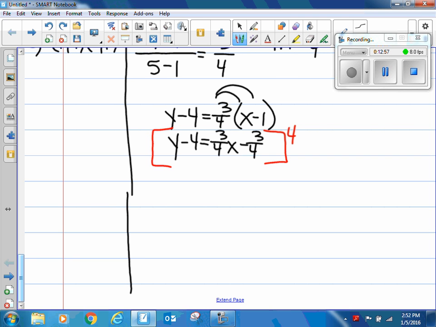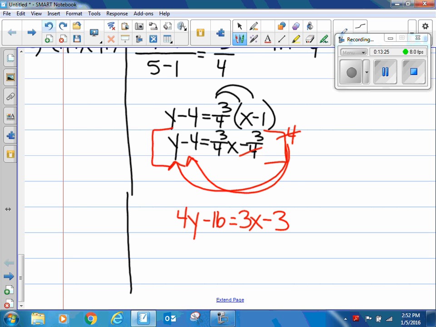So I'm going to multiply everything by 4. 4 times y is 4y. 4 times negative 4 is negative 16. 4 times 3/4, the two 4s cancel, so all you're left with is 3x. And the same thing here: this 4 and this 4 cancel, and I'm left with negative 3.